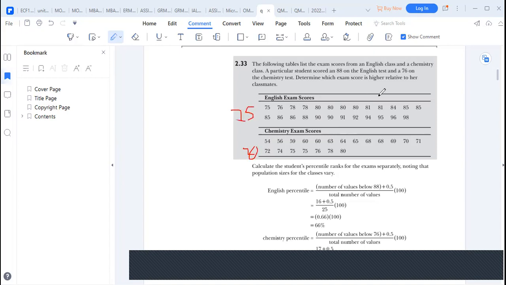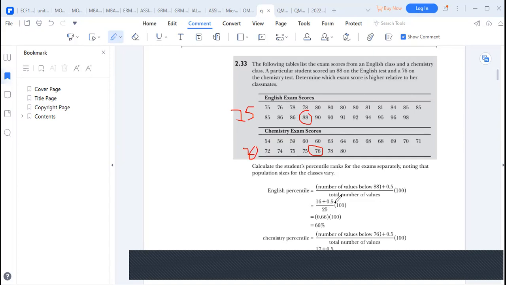So why did he perform better? So we're told that he scored 88 in English. So in English, identify where the 88 is. 88 is here. Then let's go to chemistry, where he scored 76 here. So let's start with the percentile for English. 1, 2, 3, 4, 5, 6, 7, 8, 9, 10, 11, 12, 13, 14, 15, 16.